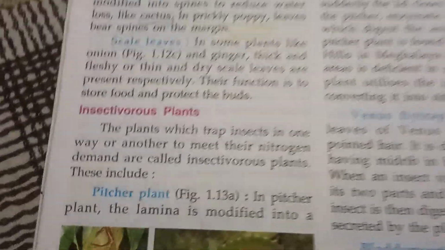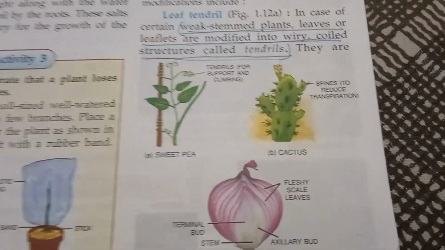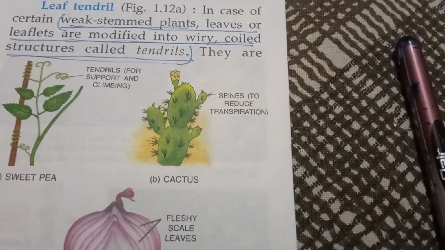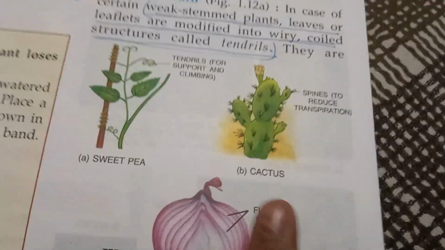Now here are the scale leaves. First let me show you the examples of the spine. As I told you, in cactus the leaves are reduced to spines to reduce transpiration. This is a cactus plant.